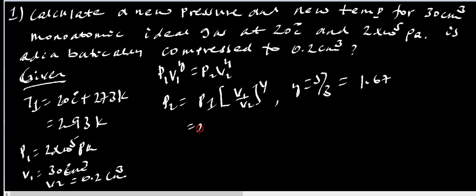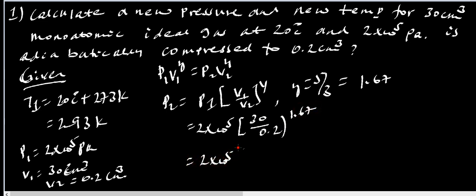This equals 2 times 10 to the power of 5 times (30 divided by 0.2) to the power of 1.67. That is 2 times 10 to the power of 5 times 150 to the power of 1.67.